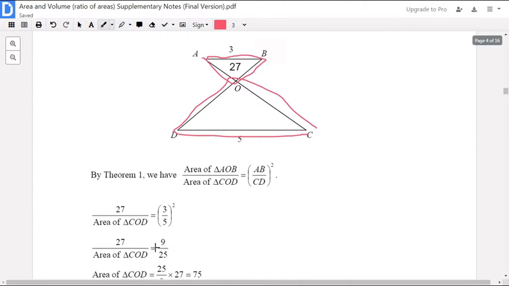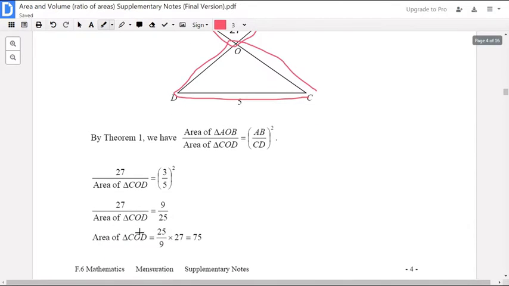So we have this equation. Taking squares, 3 squared is 9, 5 squared is 25. Cross multiplying, we know that triangle COD will have area 75.